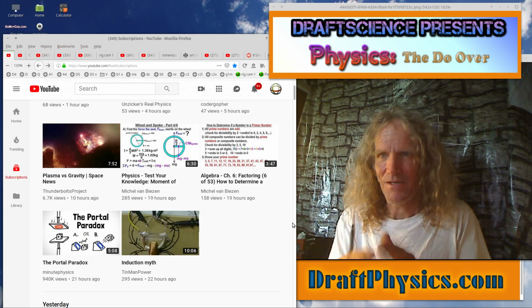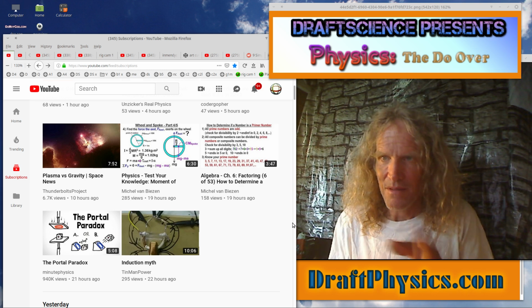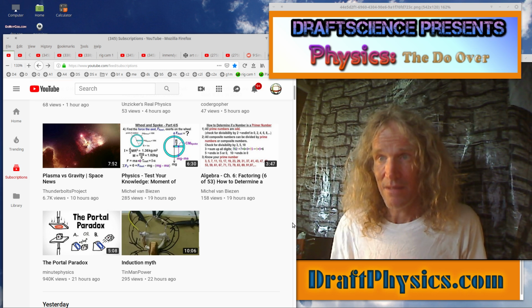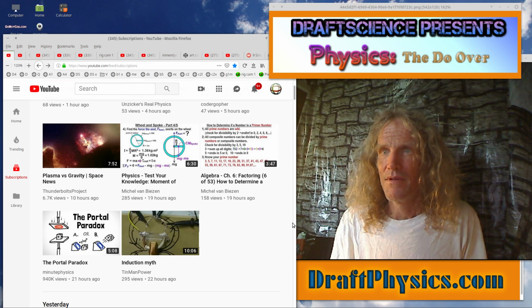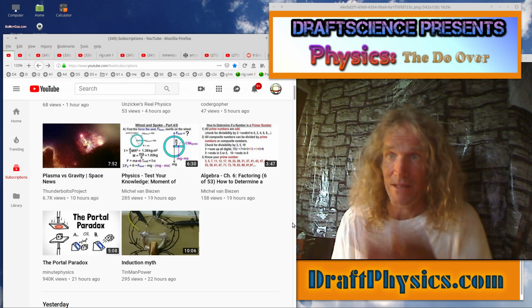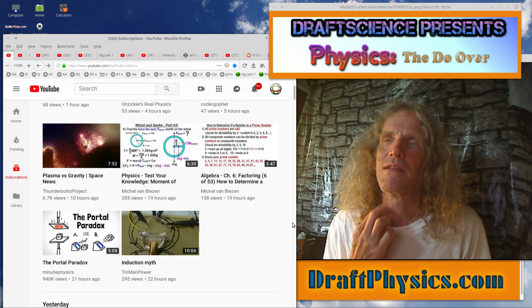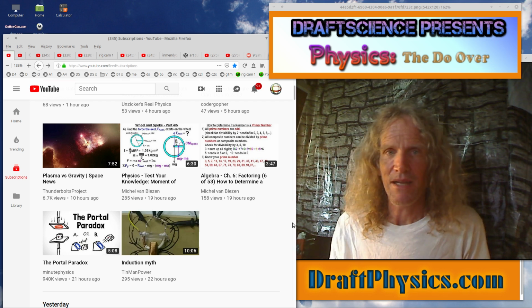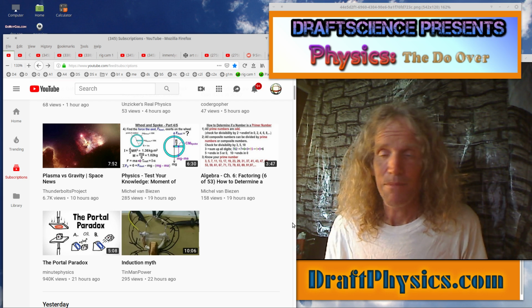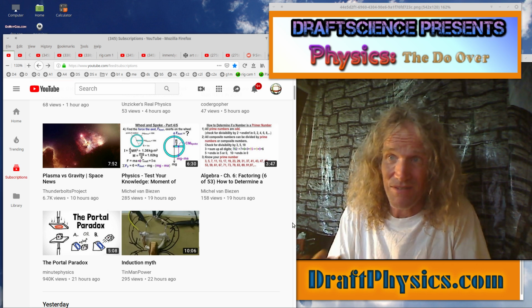That the induction is somehow happening in the whole circuit, when clearly, because of the way he's focused the field, it's only going to affect that little piece of wire inside the field, where the field is strong. And that seems clear. And so obviously the Faraday cage he's made, the coaxial cable, fails to stop an inductor. It fails to stop magnetism.